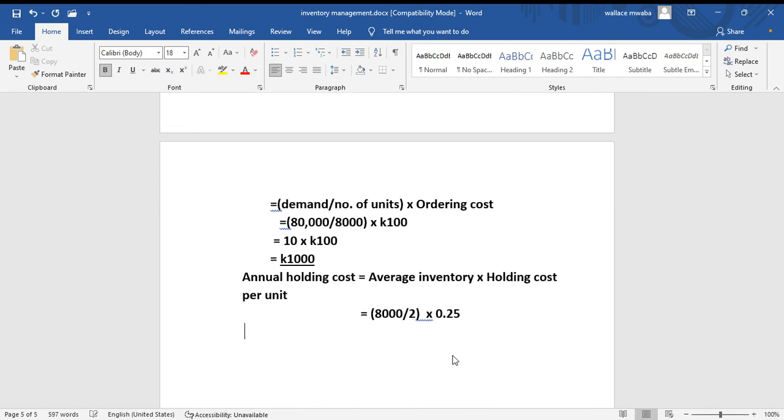So we're going to say 4,000 times 0.25. We get 1,000 kwacha.